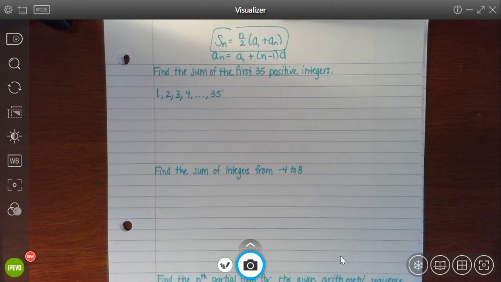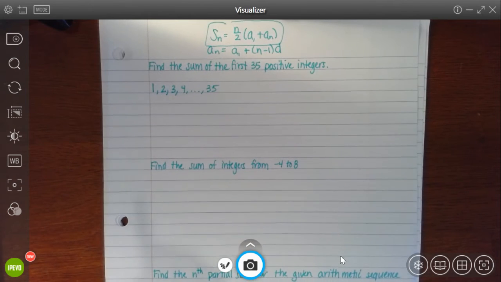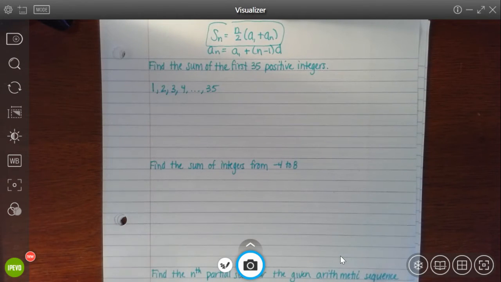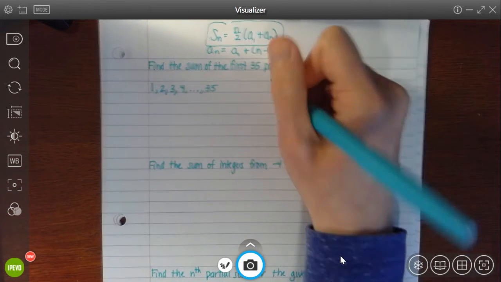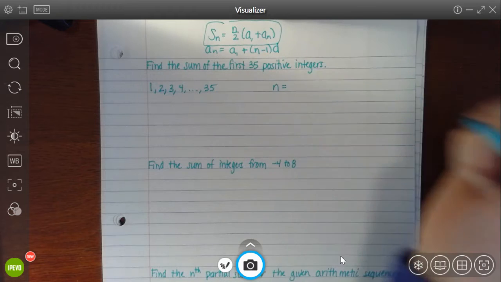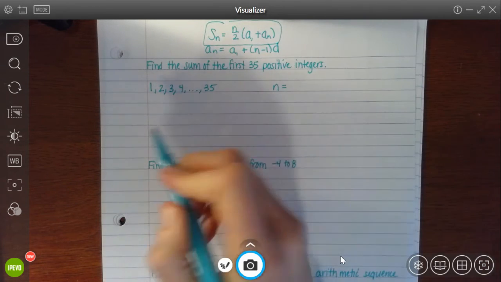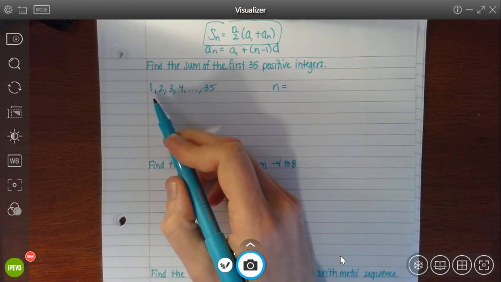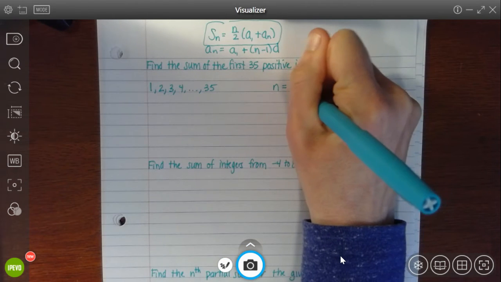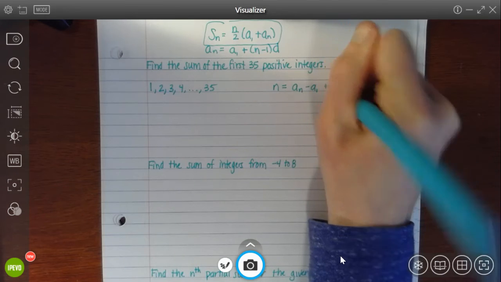Now I could sit there and look at a number line and count them all, but when I'm trying to figure out how many integers are between two values, there's a quick way that we can find the total number. To find the number of terms in between two integers, you subtract your ending value minus your starting value, and then you add 1.